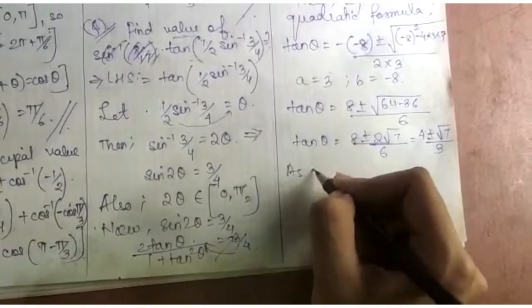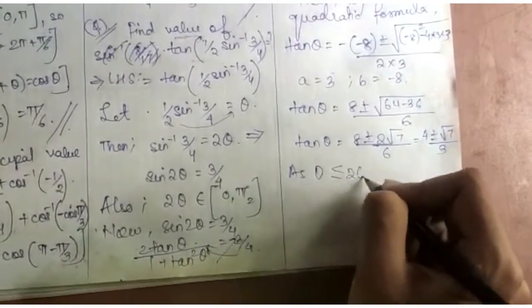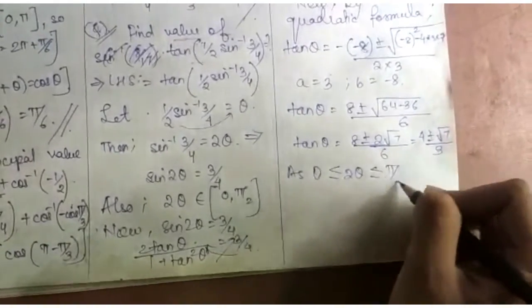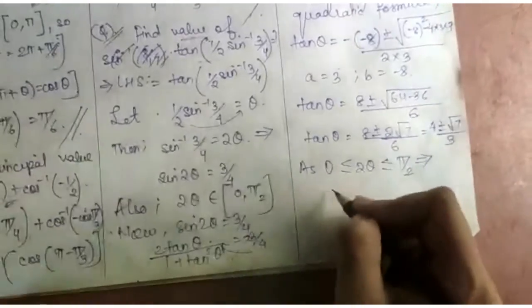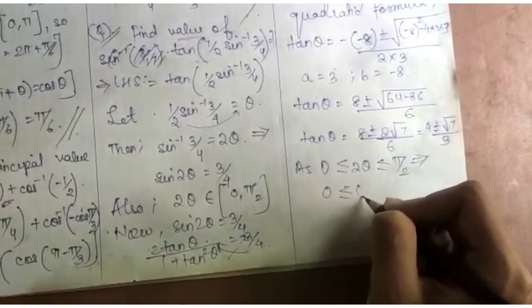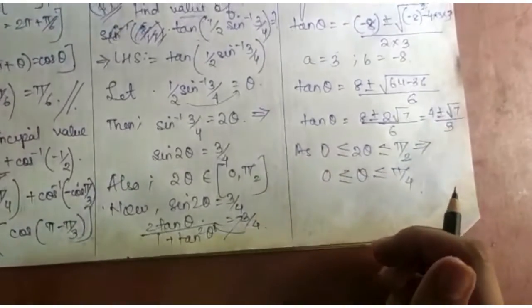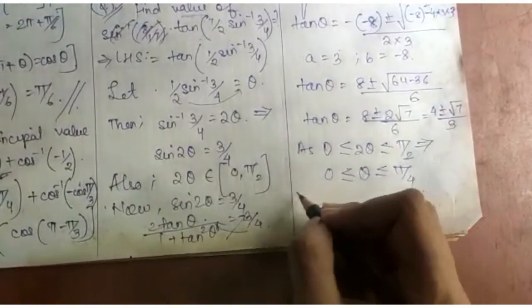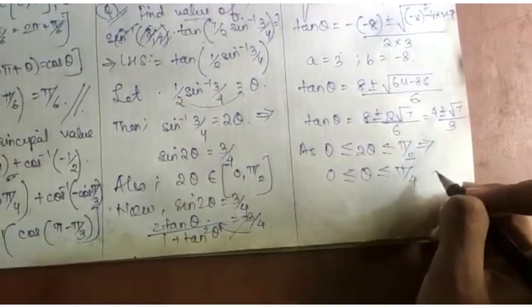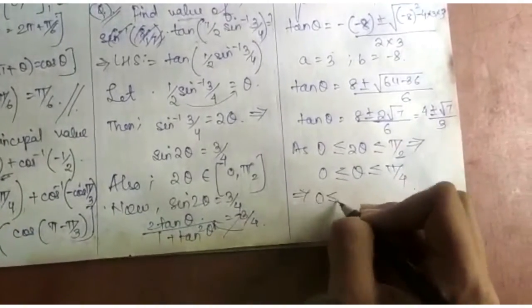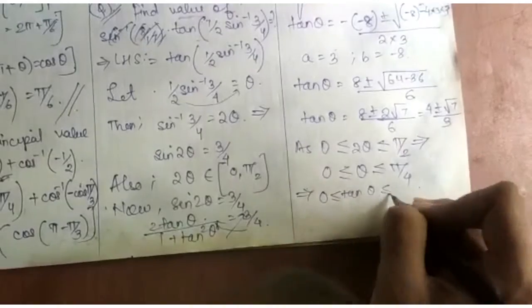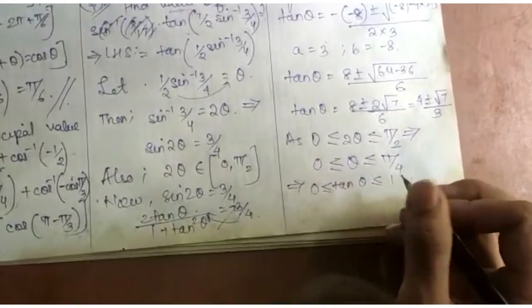Now as 2 theta is between 0 and pi by 2, therefore theta lies between 0 and pi by 4. Hence this implies that tan theta lies between 0 and 1.